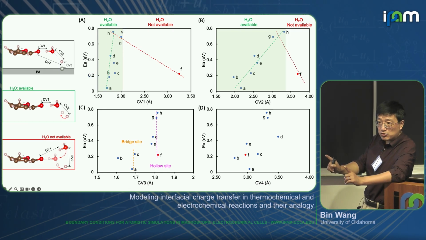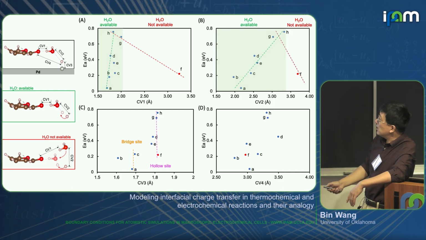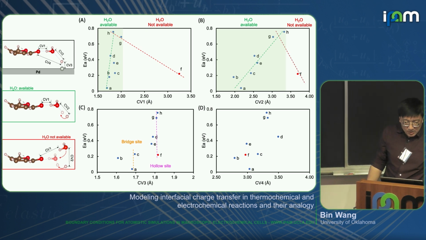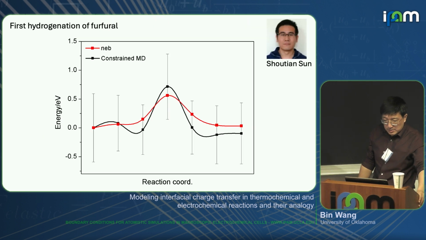A little bit of change of the hydrogen bond length will increase the barrier. And similarly, if you increase this distance a little bit, the barrier also increases dramatically. So a very small change of the local water configuration can affect your kinetics, which I will show you in another example. So we can understand that.